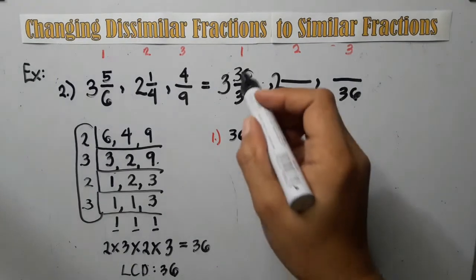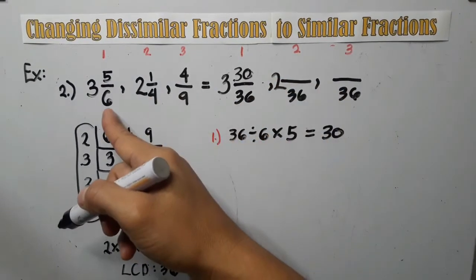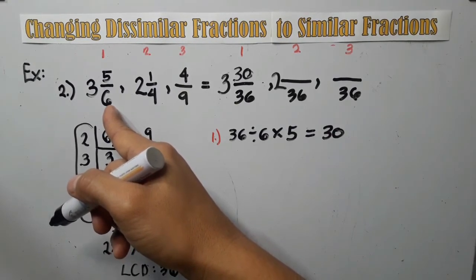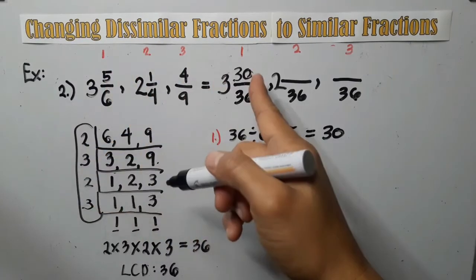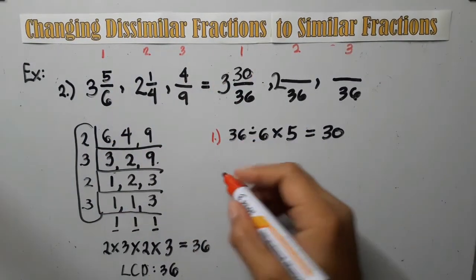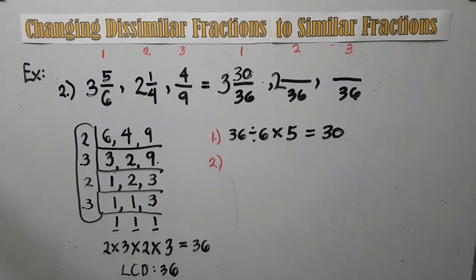So, how did we get 30? That is 36 divided by 6, that is 6. And then times 5. So, that's why we get 30. Then, we're going to find the numerator for our fraction number 2.